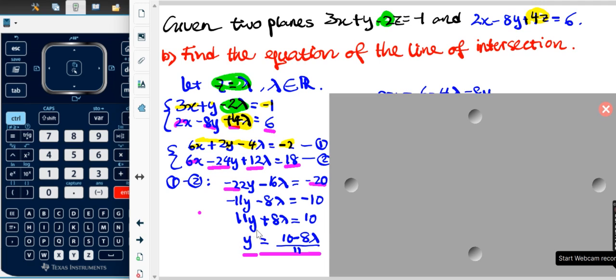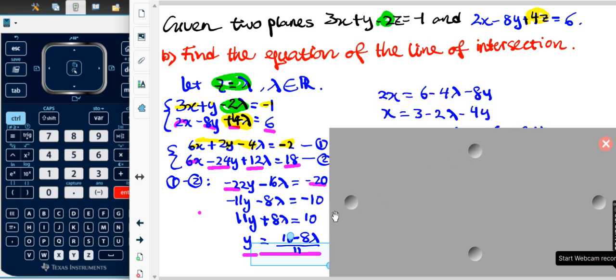So once I get y, I can plug it back into one of these equations to find my x. So to do that, I just plug it back into this equation, or that one, whichever you like, all right? So 2x equals 6 minus 4 lambda minus 8y, all right?